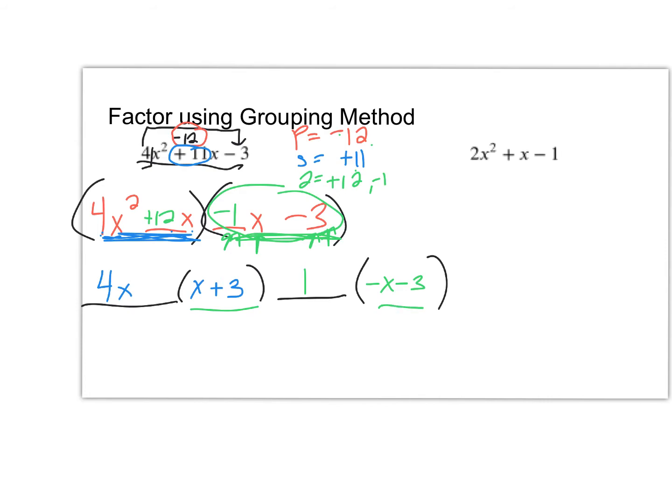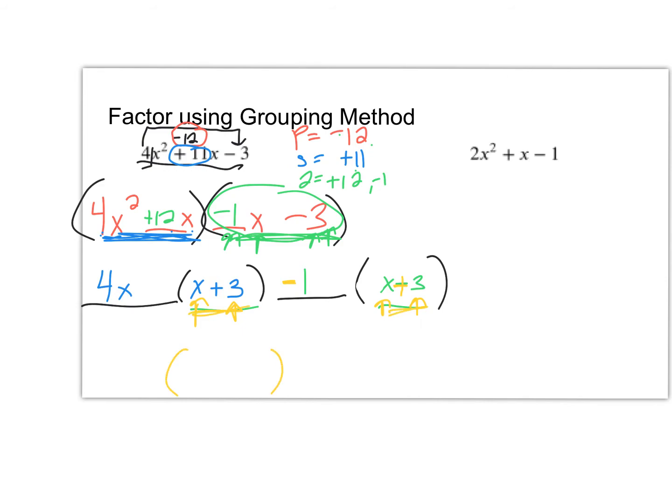But they don't right now. So let's take a look. I have x, negative x. I have positive 3, negative 3. Same pieces, just opposite signs. So if I take out a negative 1 over here, this now will become x and plus 3. Now they match.